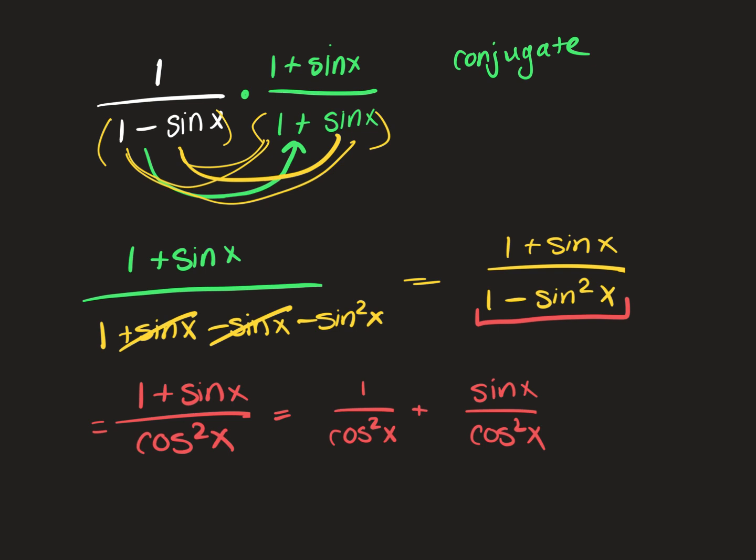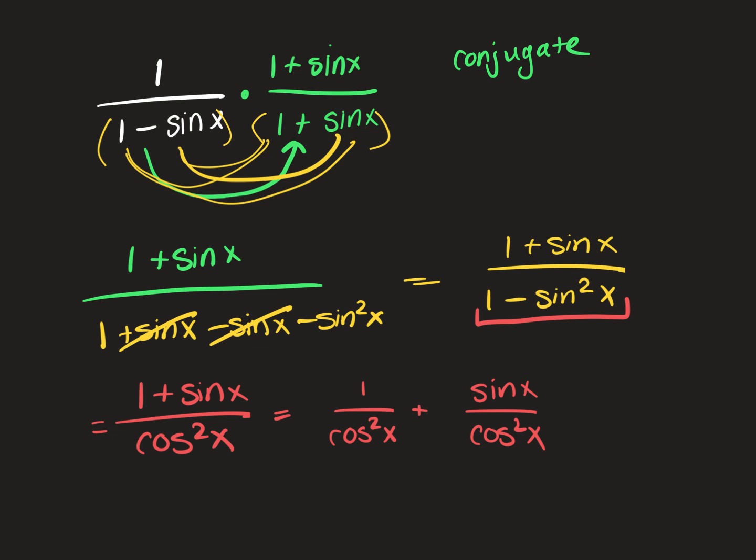Why do you still have 2 cosine squares on the bottom? Why aren't they just cosines, not squared? You can't just unsquare stuff. But we're adding them, not multiplying them. So if I added these fractions back together, remember my denominator stays the same. That makes sense.